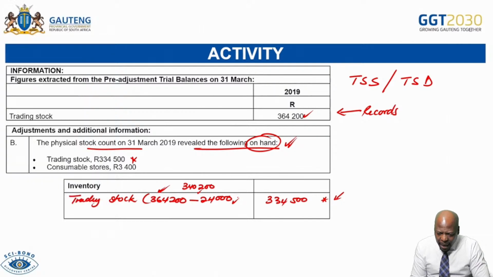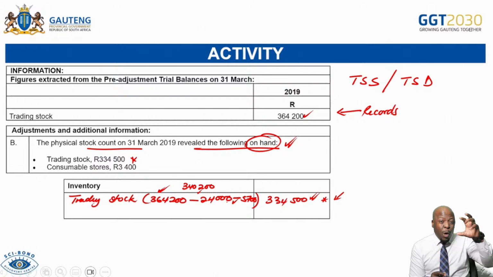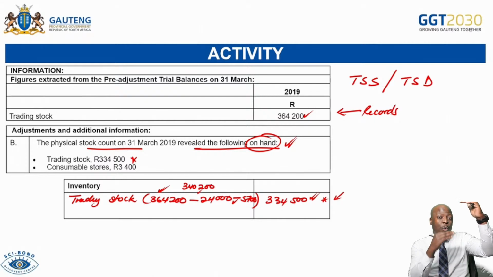So it means I can come here and say minus 5,700. If I close this bracket, it will then give me my 334,500. The 5,700 that I've subtracted in here simply means according to records, we have more, but according to physical count, we have less. So we have a loss of stock.